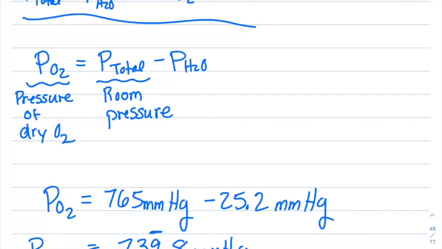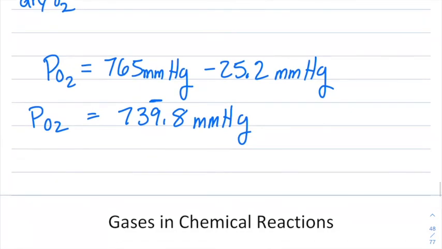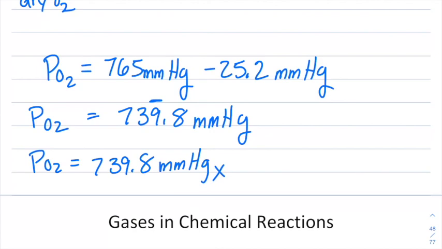Okay, so for our problem, we have one more step, and that is we've got to get this into ATM. So here I'm going to take our pressure of oxygen, 739.8 millimeters of mercury, and I'm going to divide by 760.